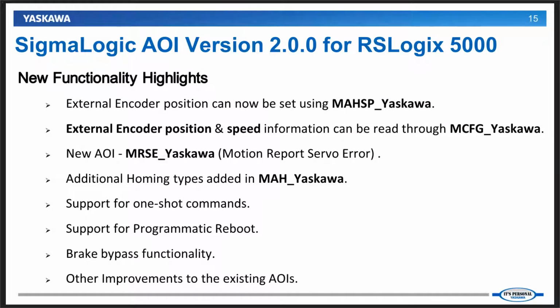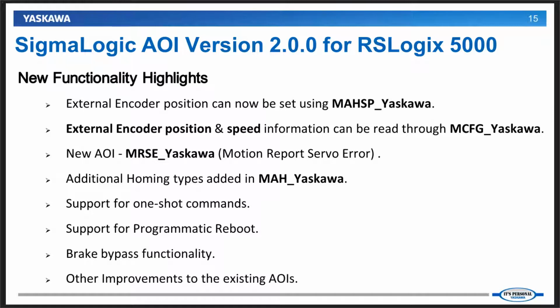Now we will move on to SigmaLogic AOI version 2.0 for RSLogix 5000. As I said before, this set of AOIs are programmed to work on RSLogix software version 17 and above. Here's a quick highlight of all the new features that we have added to the SigmaLogic set of AOIs.